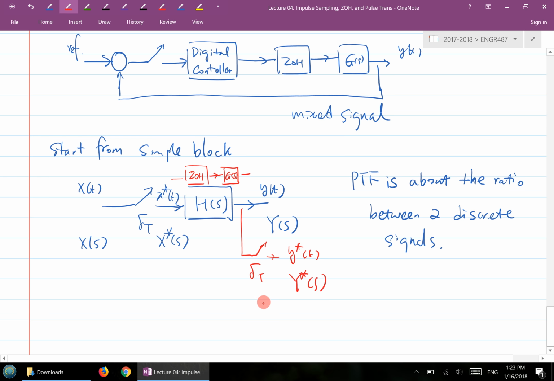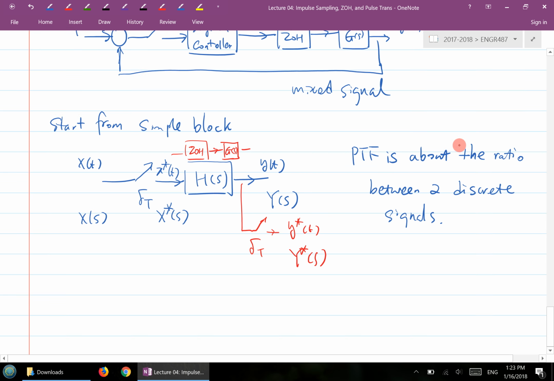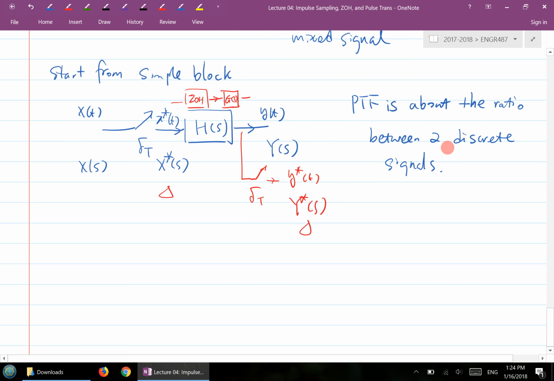But by adding this one, what we can literally see is I got one sampler here and one here. So if I need to derive the pulse transfer function, then I just need to look at the relationship between here and here. So that's the point.